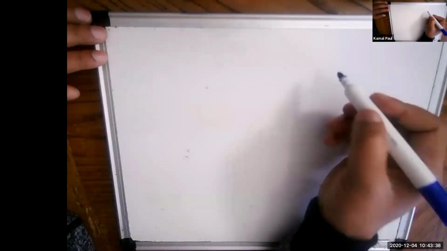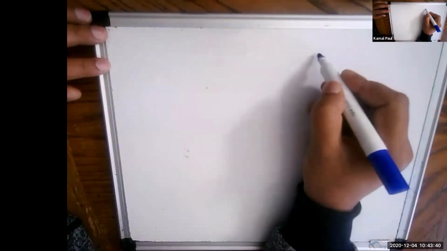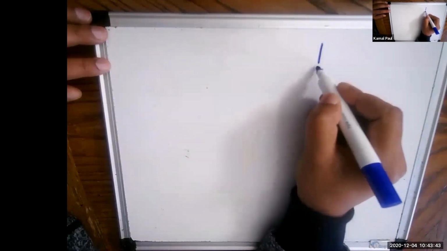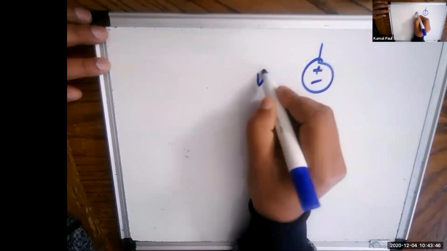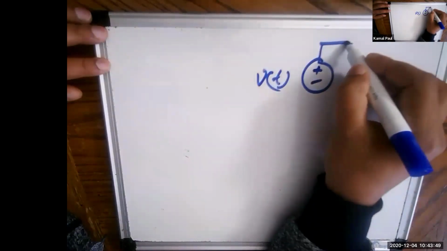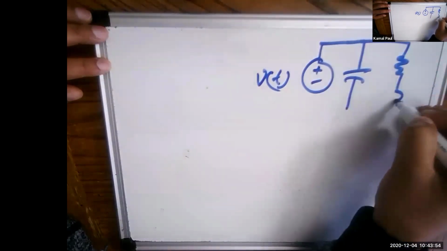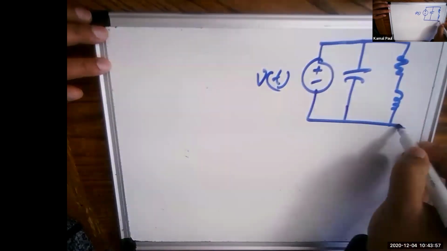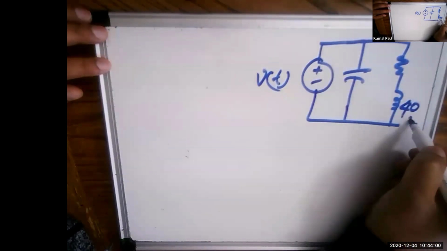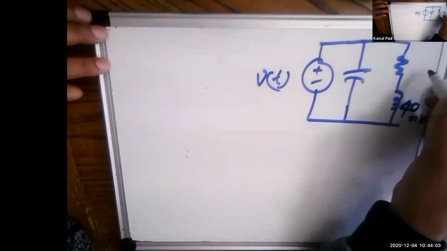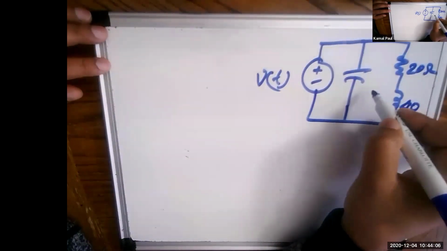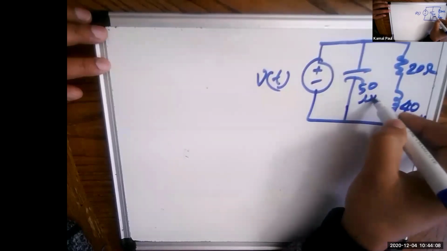Usually the circuit elements are given in terms of cosine wave. Say for example, this is a circuit with a source plus, minus, Vt, and we have a capacitor, a resistor and an inductor here. This is 40 millihenry, this one is 20 ohm, and this one is 50 microfarad.